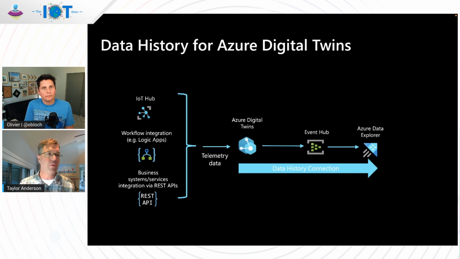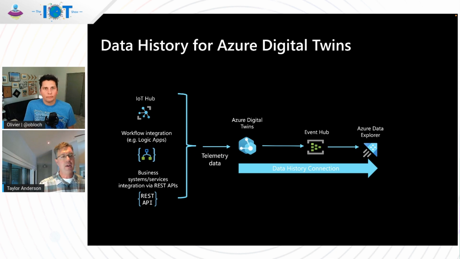And if we look at data history and the feature that really was the result of these customer questions, it's an integration between Azure Digital Twins and Azure Data Explorer. And when you use the data history feature, what you do is you create a connection. And that connection allows us to record digital twin changes to Azure Data Explorer to historize those twin changes over time.